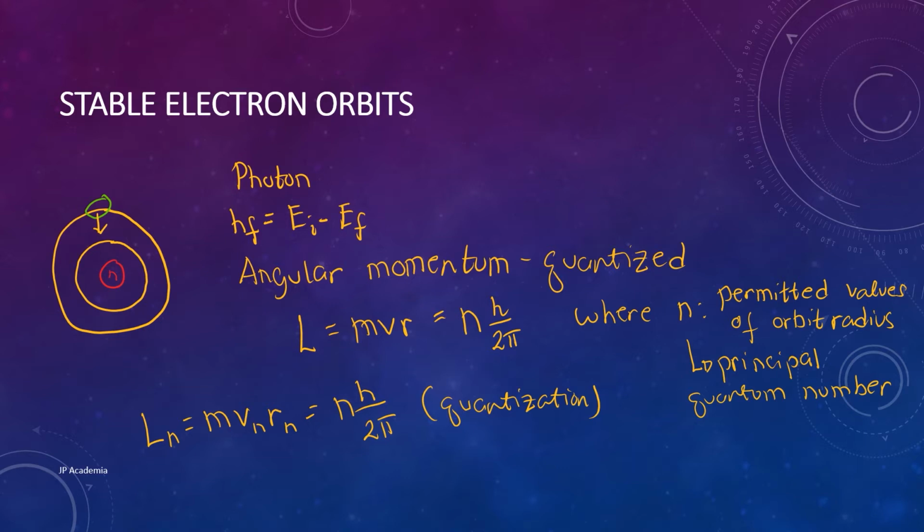In addition, Bohr proposed that the magnitude of the electron's angular momentum, so note that angular momentum is just the rotational equivalent of linear momentum, is quantized, where its magnitude is equal to an integer multiple of h, the Planck's constant, over 2 pi. The n here shows the permitted value of the orbit radius. So this is the n, and we can call it the principal quantum number for that specific orbit.